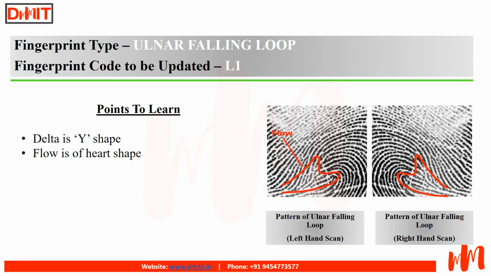In case of a right hand scan, the ridges start from the right side and flow towards the right side, the only difference being that the flow will be heart shaped. Again, in this case the delta is Y-shaped, and the fingerprint code to be updated in case of ulnar falling loop is L1.